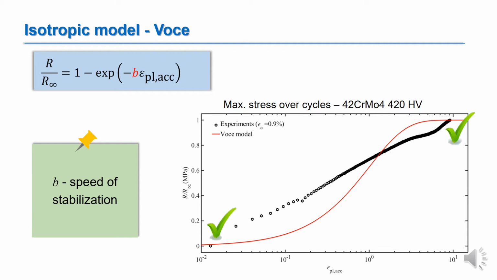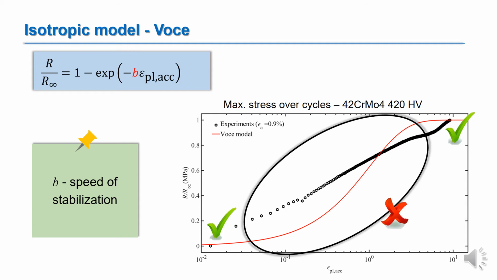As we can see, a satisfactory correlation is obtained particularly at the smallest and the largest values of the accumulated plastic strain, in other words, for the first and saturated cycle. Other than that, the model follows a trend that deviates significantly from the trend followed by the experimental data.